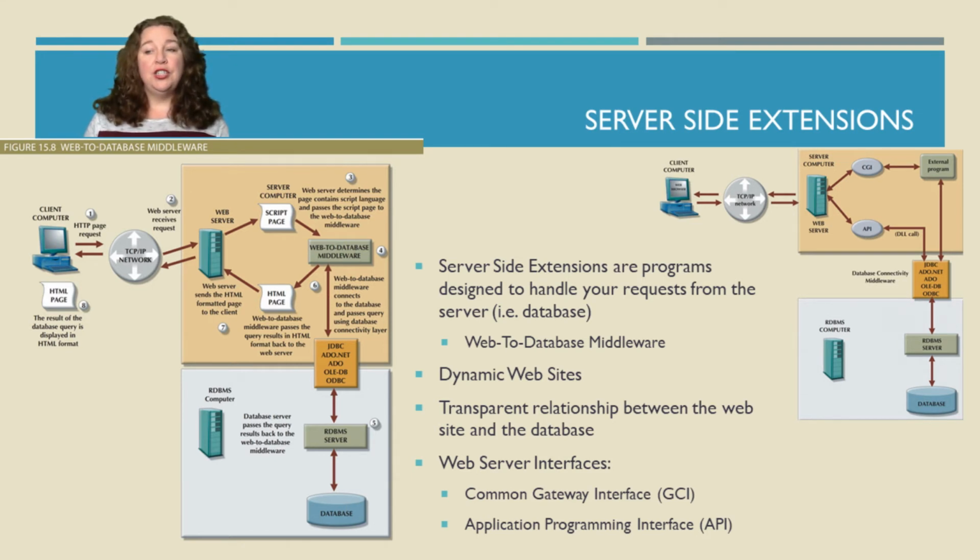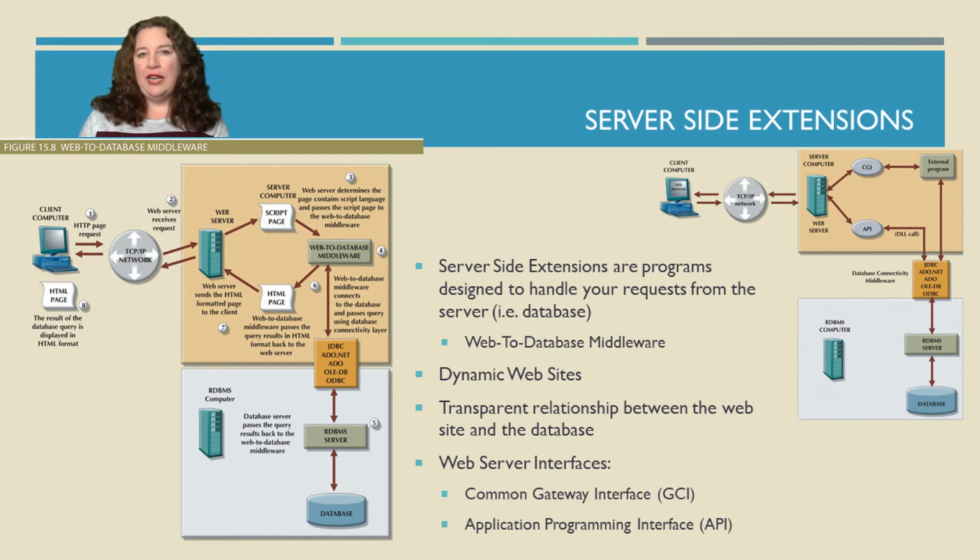To connect to the database, we use what we call a web server interface. Either a CGI, I have the acronym backward, a CGI, which is a common gateway interface, which goes through an external program that you're going to build and then goes down to ODBC or ADO.NET to the database.